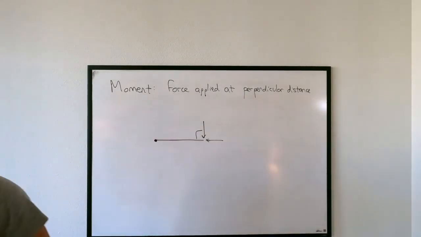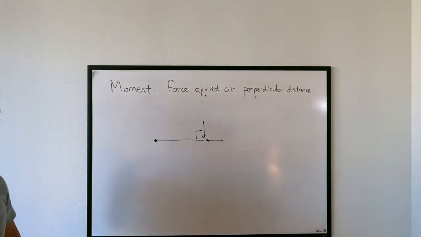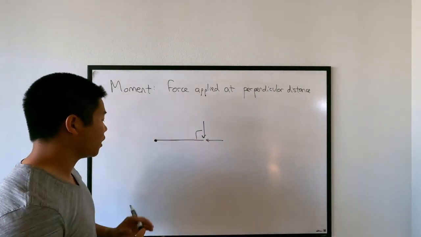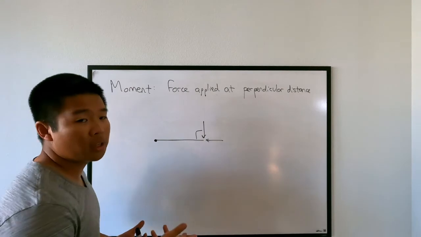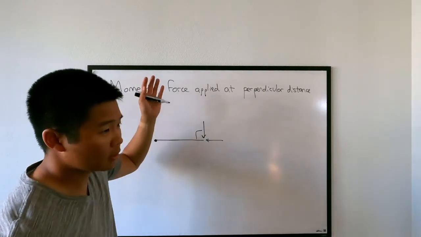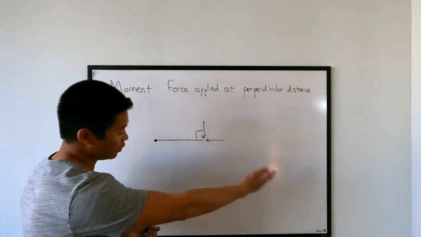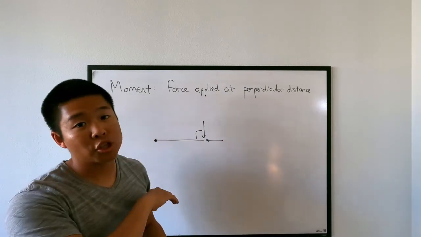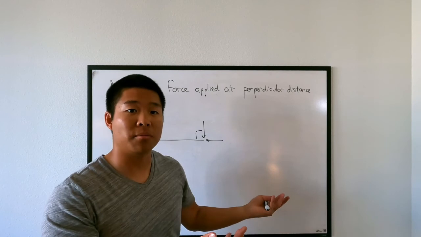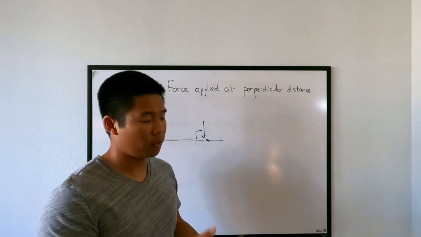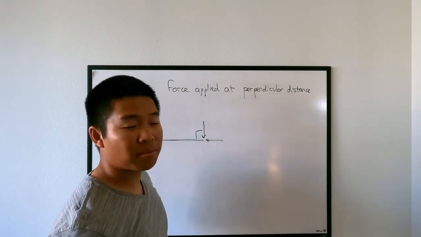Now, it turns out that we have a sign convention for moments, just like we did for forces. Of course, we know that up is positive, down is negative, right is positive, left is negative. Whoever made physics up just determined those to be the directions that we use. It's the same thing with statics.